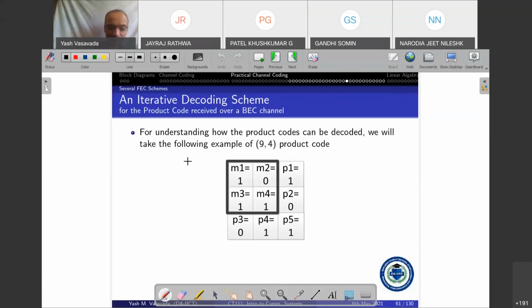We just sum up all the n bits, and if the sum is 0, we say most likely no errors have happened, or it could be that 2, 4, an even number of errors happened. And if the summation is 1, then we say that yes, some bit is in error. The only thing I can tell you is that errors have happened. I can't do anything about it. So that was the decoding for SPC.